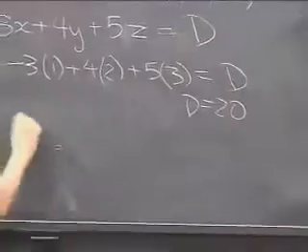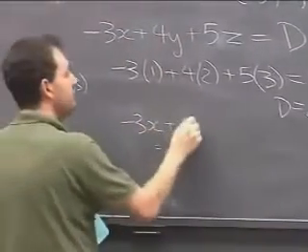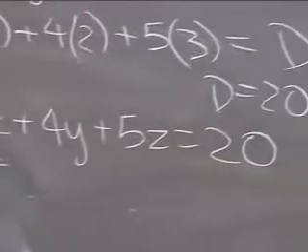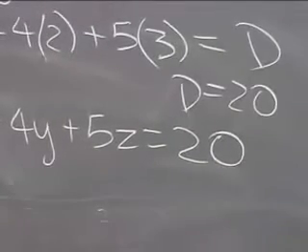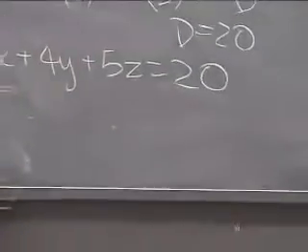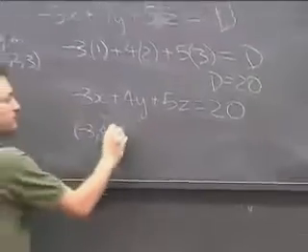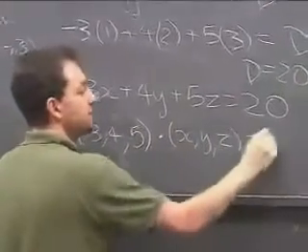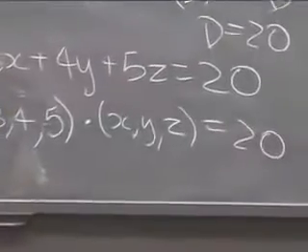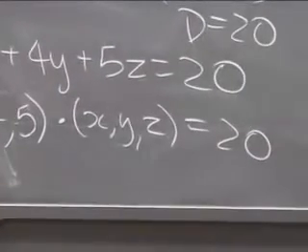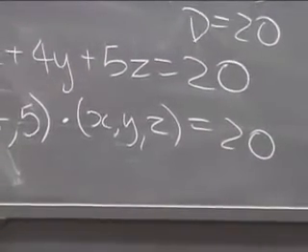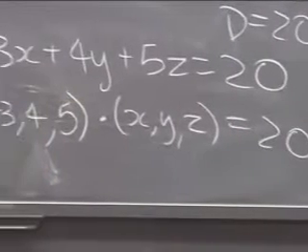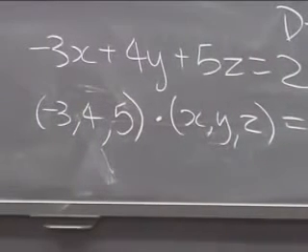The equation is -3x plus 4y plus 5z equals 20. Another way of thinking about this is -3, 4, 5 dot x, y, z equals 20. You're looking for all the points in space, or the vectors connecting 0 to the point, whose dot product with -3, 4, 5 is the constant number 20. That will flesh out a plane, as it turns out.